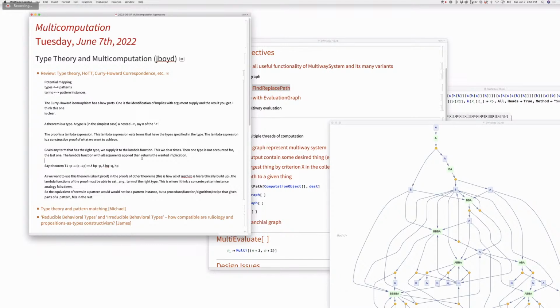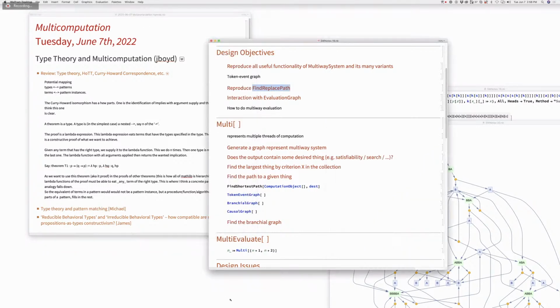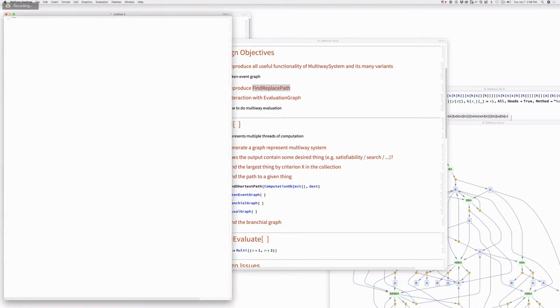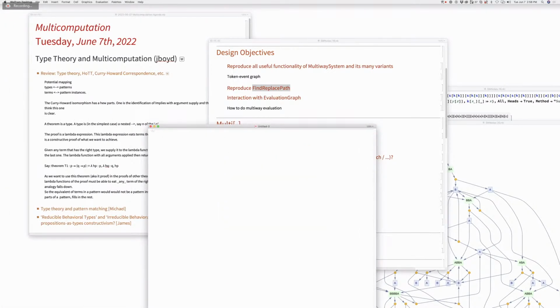But the argument that you're making is that the difference between types and patterns, okay, so your claim is that, okay, so this is about type theory versus patterns. And let's save this away in an appropriate place.